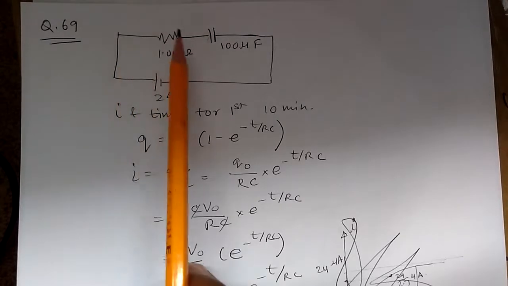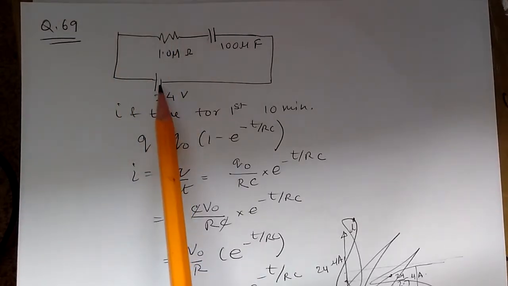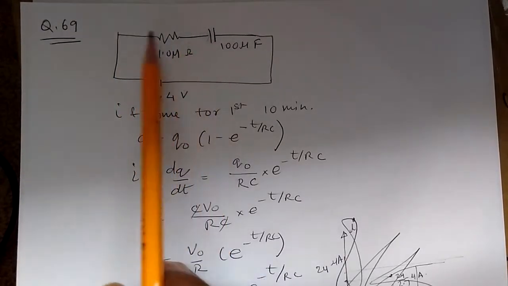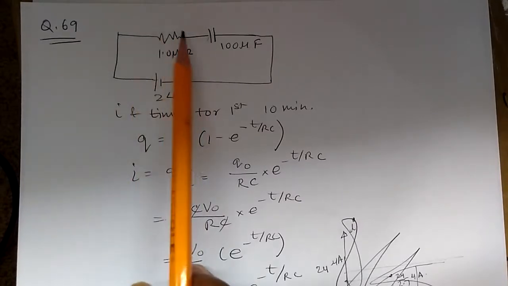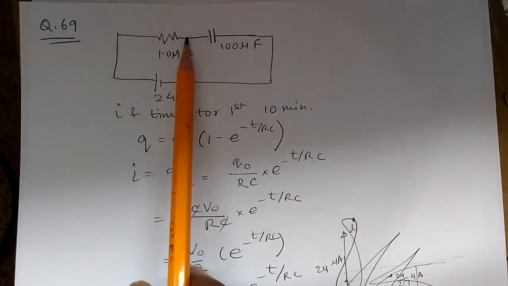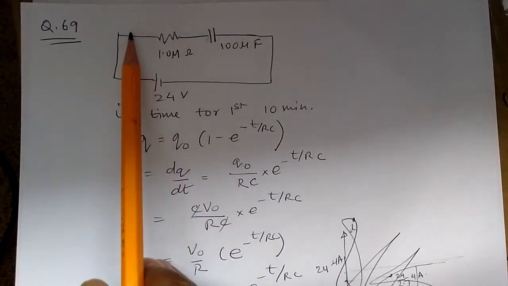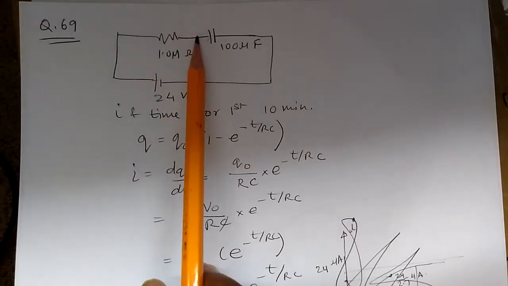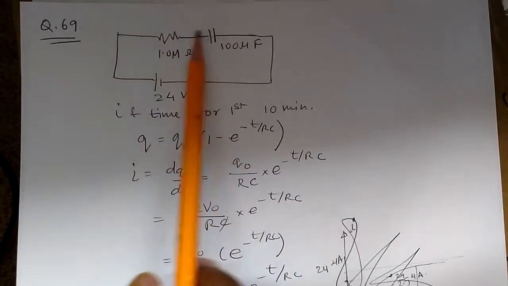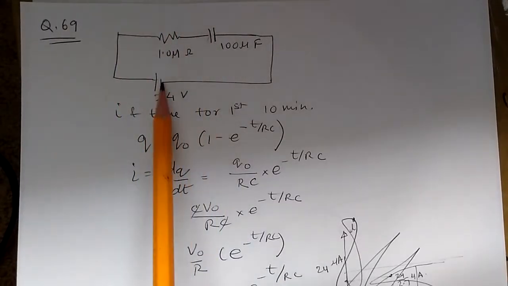Then the voltage across this resistance reduces to 24 minus 14 or 10 volt. So the current reduces even more. When the voltage across this capacitor has become the full 24 volt, the current through this resistor stops because the voltages across its two ends are both the same.